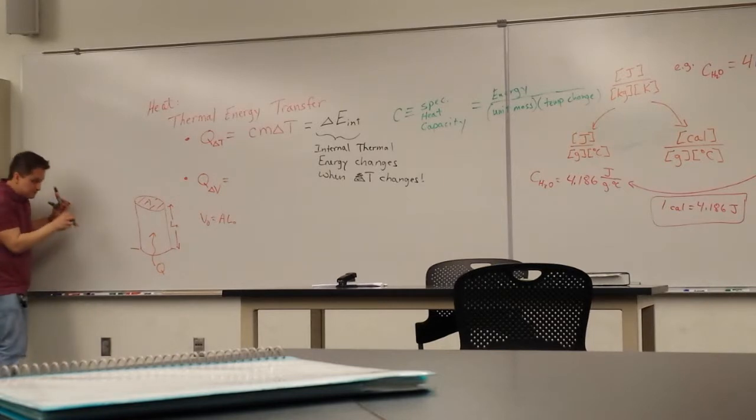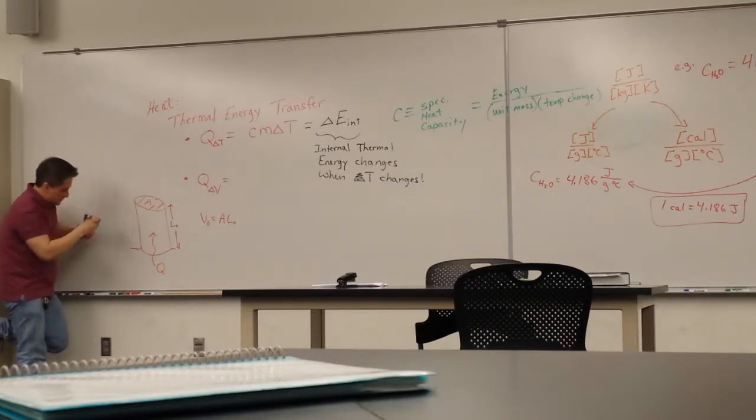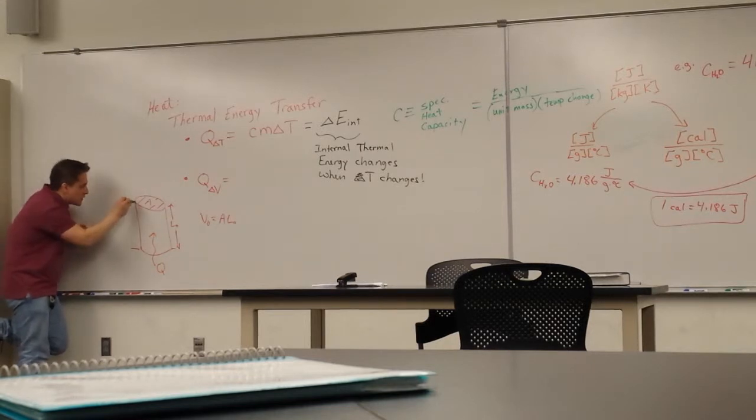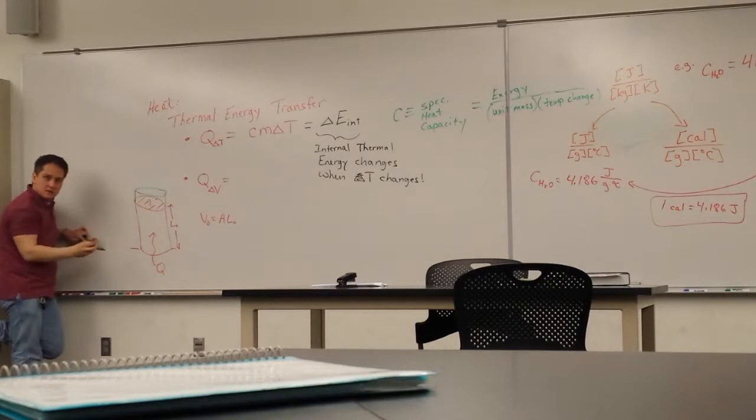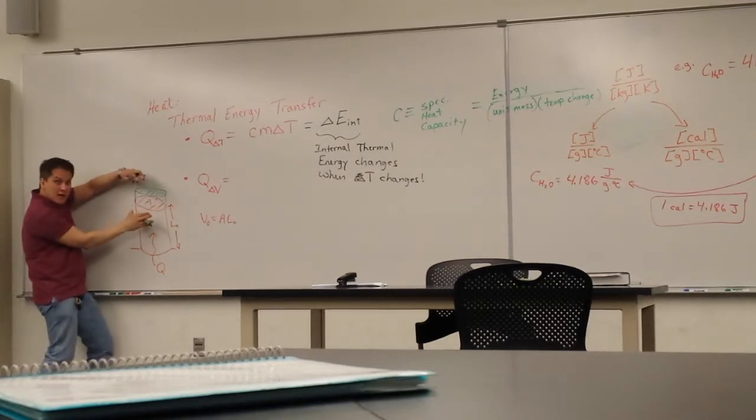But here's the thing. In order for this to expand and say, increase in some direction like this, these molecules have to push against something. What do they have to push against? Gravity and atmospheric pressure.